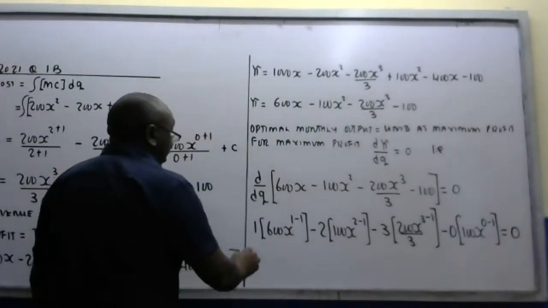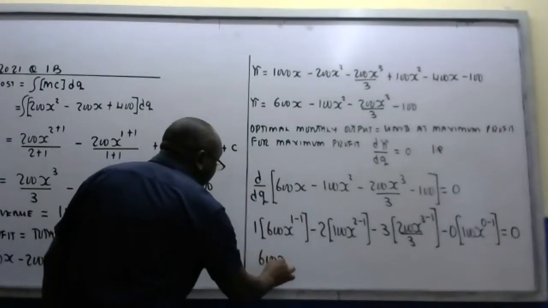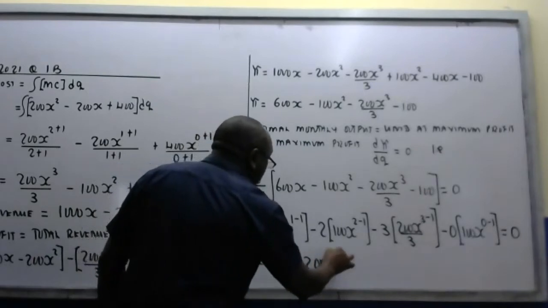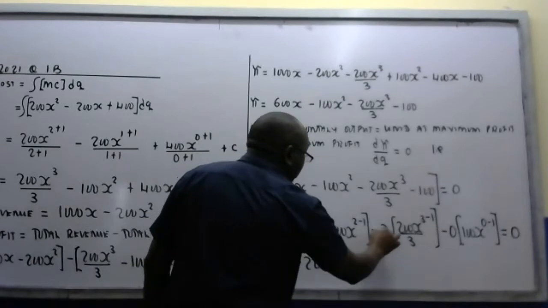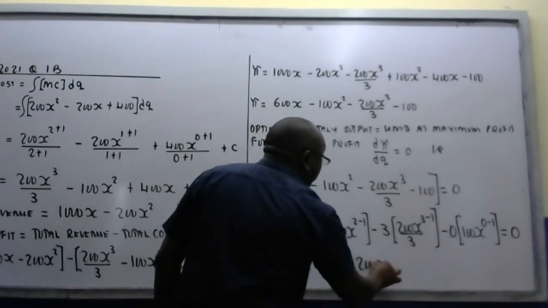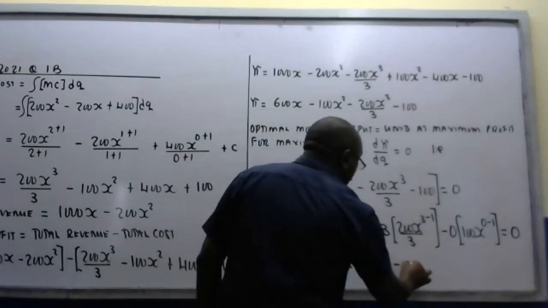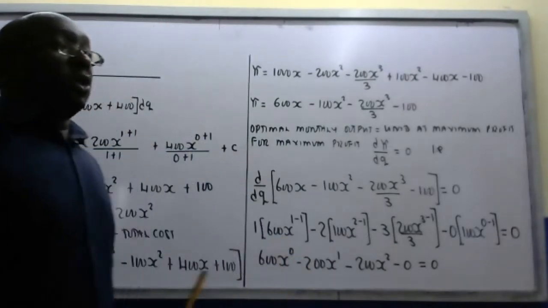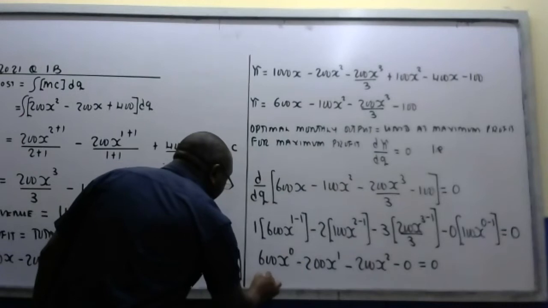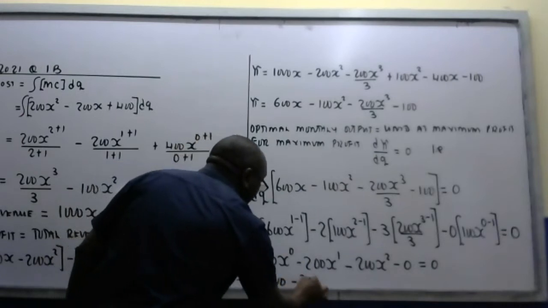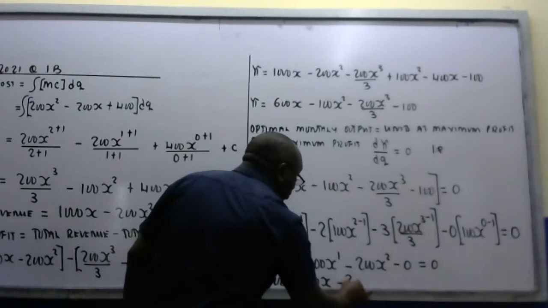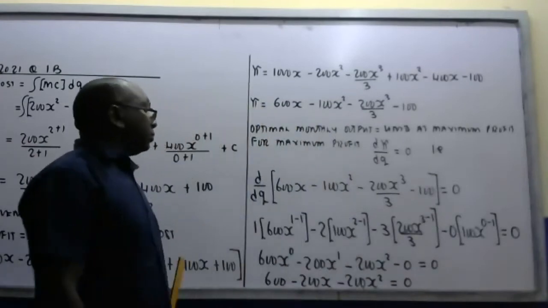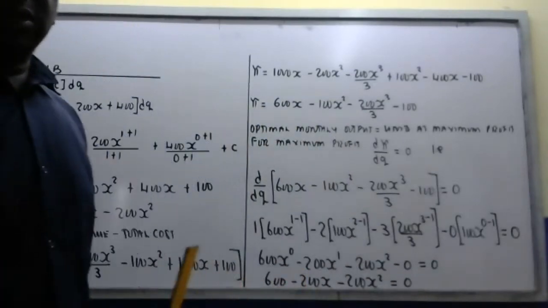So this becomes 600x raised to power 0 minus 200x raised to power 1 minus 200x squared minus 0 equals 0. When you simplify further, it is 600 minus 200x minus 200x squared equals 0.